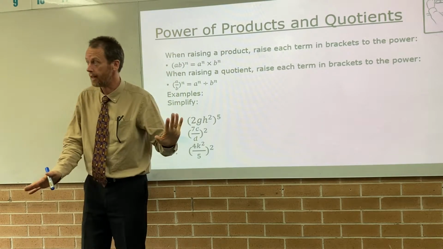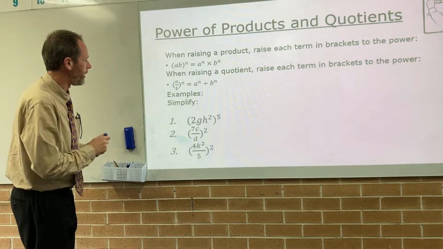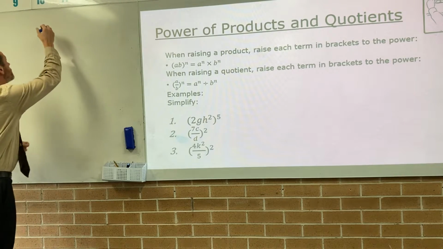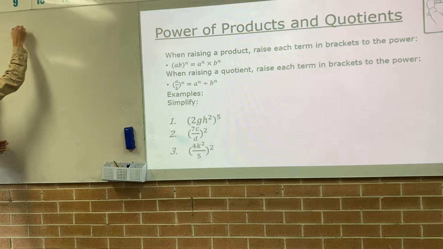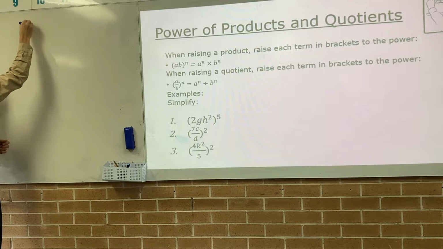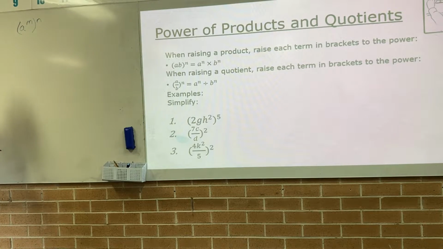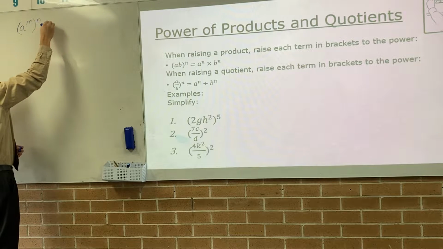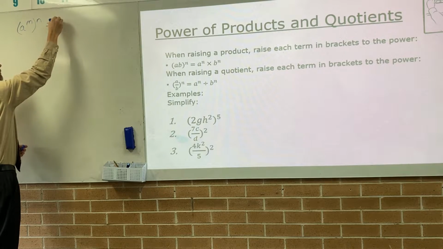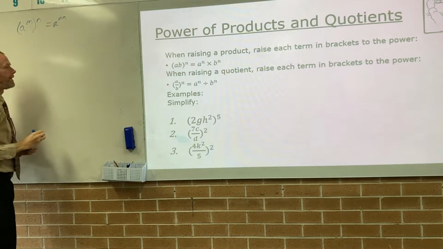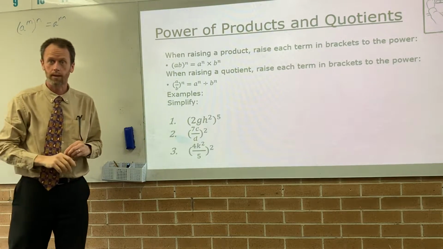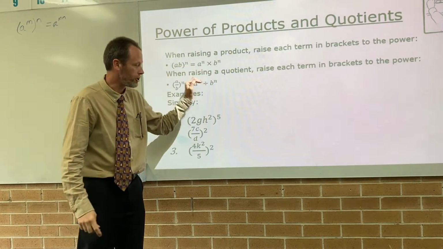Now, yesterday, the rule that I basically gave you was if you have a to the power of m in brackets to the power of n, what we know is that we can simplify and write a to the m times n. So remember, when it's a product, you just add.